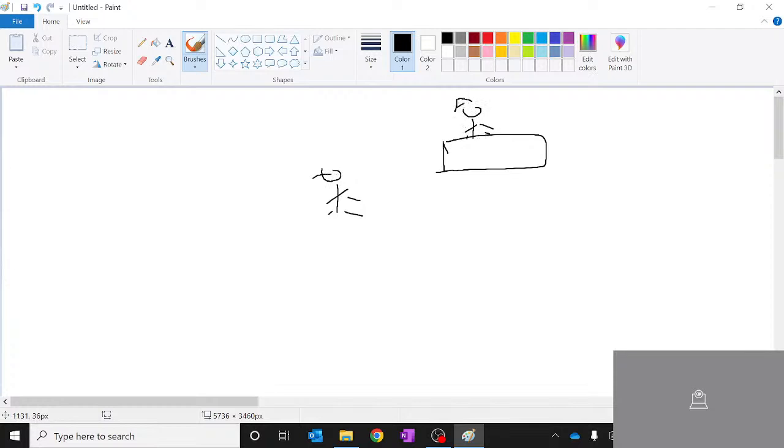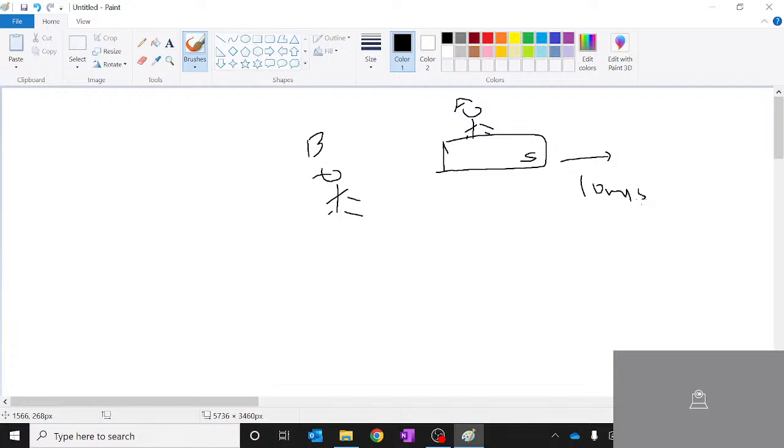There is person A, this is person B, and this is S. Now velocity of S is 10 meters per second.